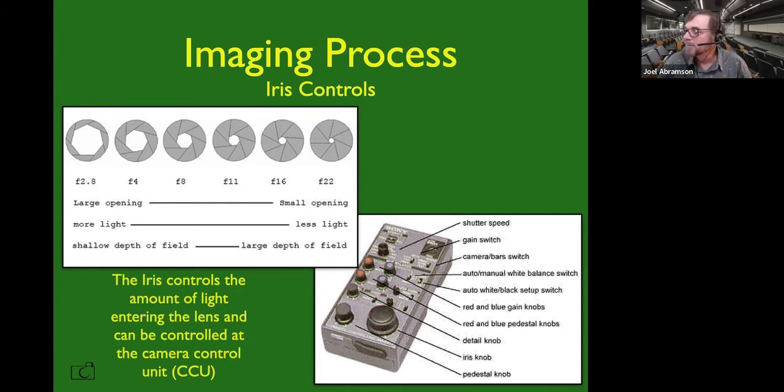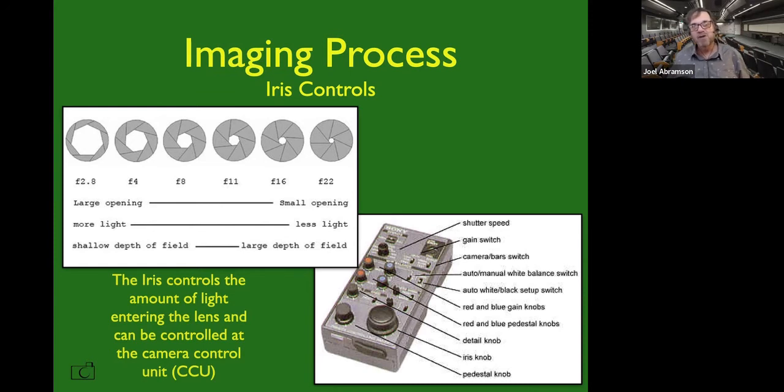And you can see on the illustration there that it goes from a large opening, letting in a lot of light, to a smaller opening, giving us less light. And the depth of field refers to how much of the image is going to be in focus.